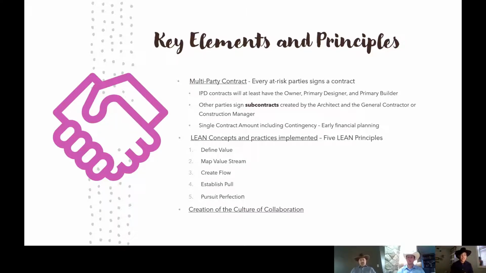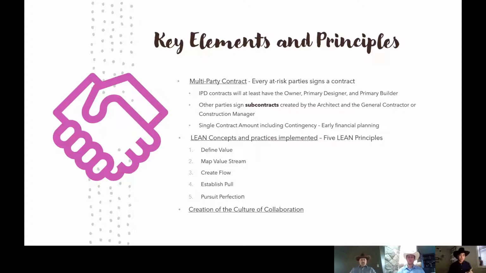So that parties can proceed with the project without any major drawbacks. And since IPD is a relatively new system and approach to construction, it is also implementing lean concepts and practices. The five principles of lean are listed on the screen.